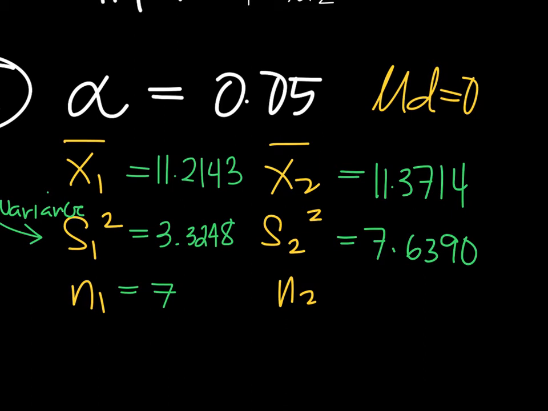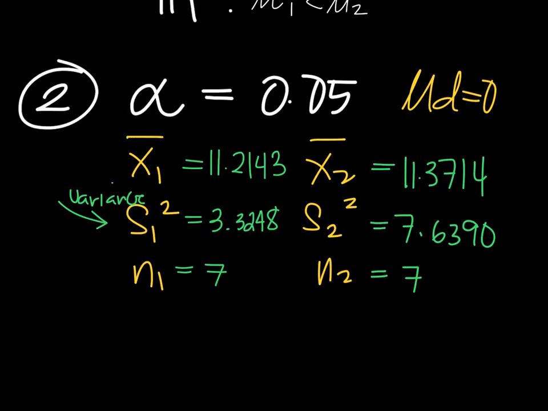That means the data in the second group is more spread out with respect to the mean. And then the sample size 2 is still 7 because we also have 7 values for the time in the second group.